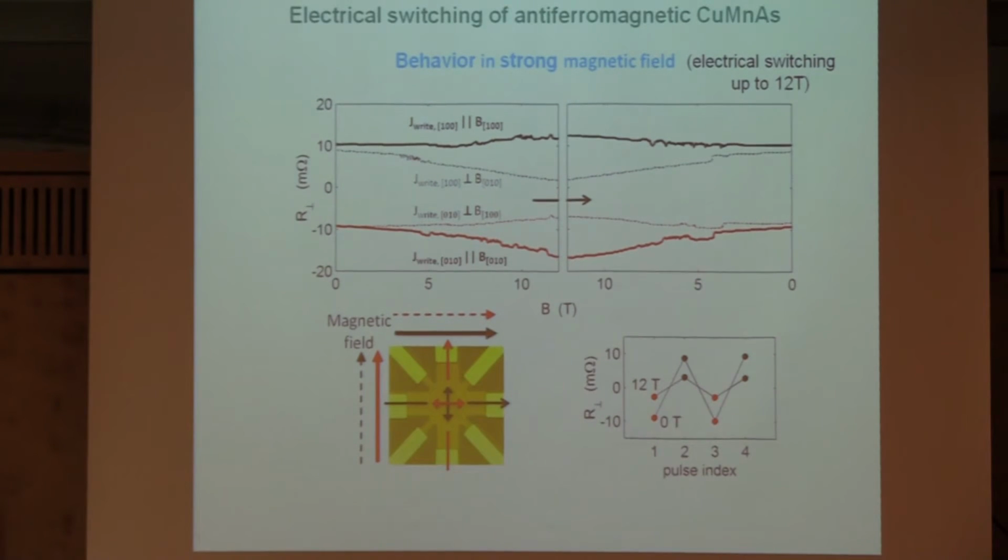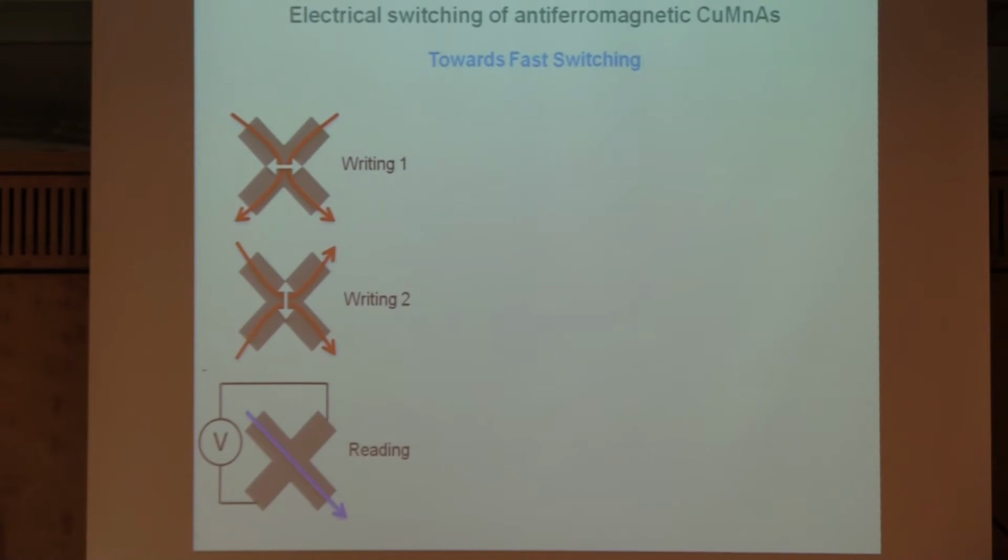If you apply a field of 12 Tesla, you apply effectively quite small current pulses, and you can still switch your magnetic order. And this is unprecedented in any ferromagnetic system, of course, that you can apply a current pulse and switch the magnetic order. The strong magnetic field will couple much, much stronger to your magnetization, and you will be unable to manipulate a magnetic structure with a spin transfer torque or something like this.